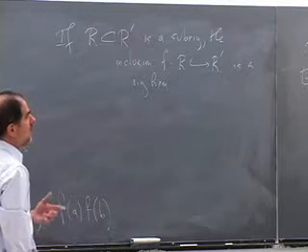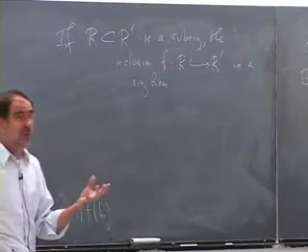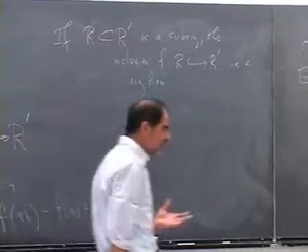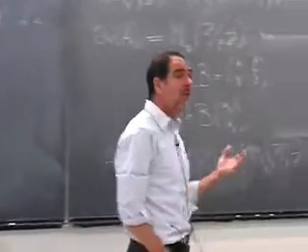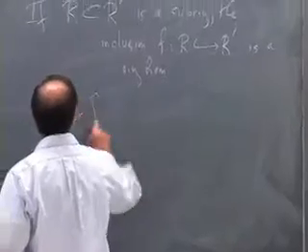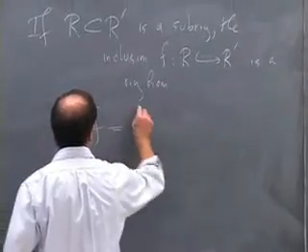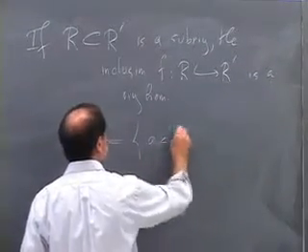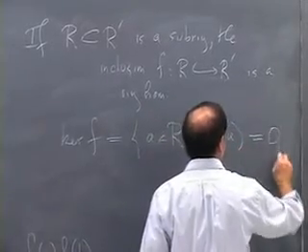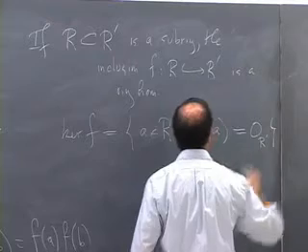And if we wanted to figure out what a normal subgroup is as opposed to a subgroup, we might ask, what does the kernel of a ring homomorphism look like? So we define the kernel of f as the group theoretic kernel. It's all a in R such that f of a is equal to the 0 element in R prime.